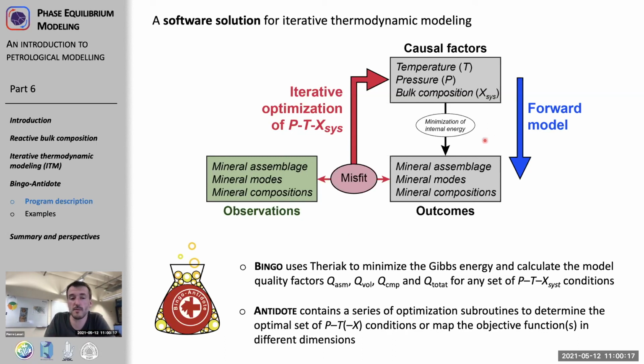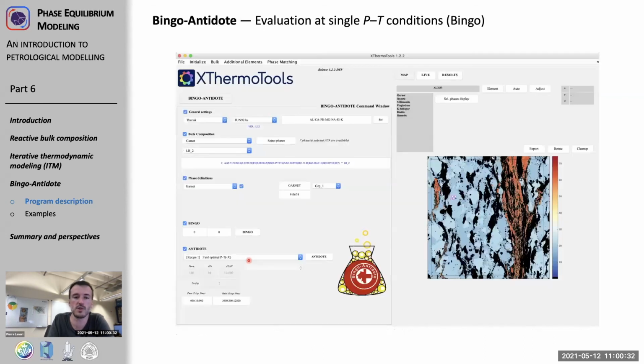And domino is a game, and Bingo-Antidote is the inverse approach of Theriac Domino. So bingo is a game, as is domino, and antidote is what you produce with the Theriac. So that's one of the reasons for the name. The second reason is when you get your result, the first thing you say is bingo.